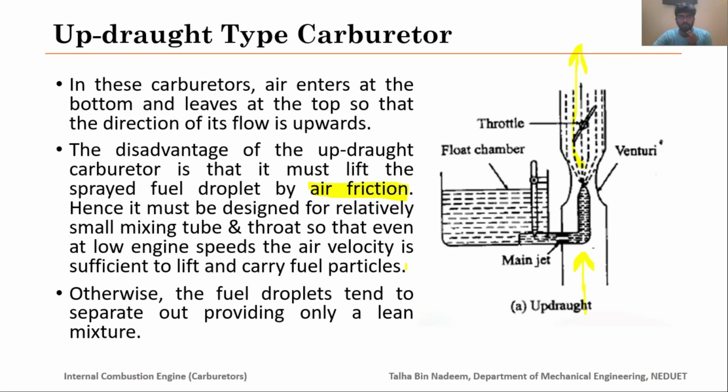Again, we have a design restriction here, that we have small throats and a small mixing tube. Therefore, these carburetors cannot be used for high speed engines. They are generally designed for low speed engines. Otherwise, the fuel droplets tend to separate out, providing only a lean mixture.